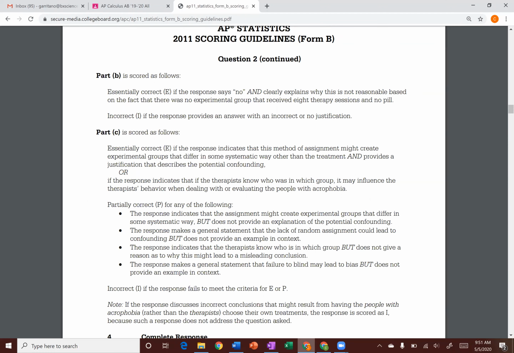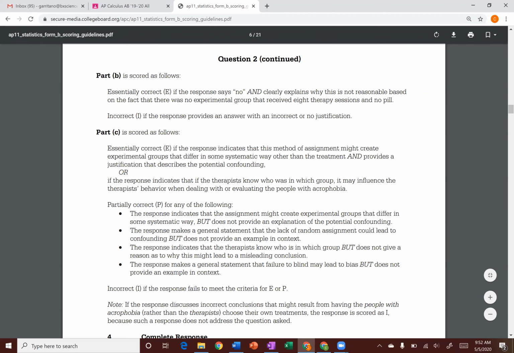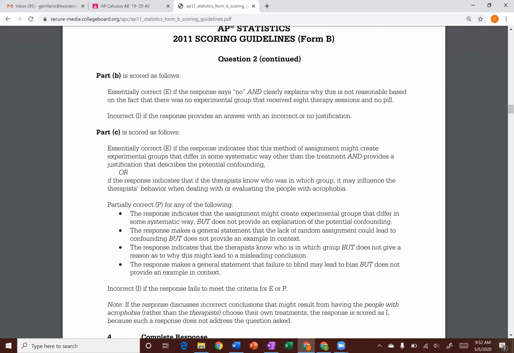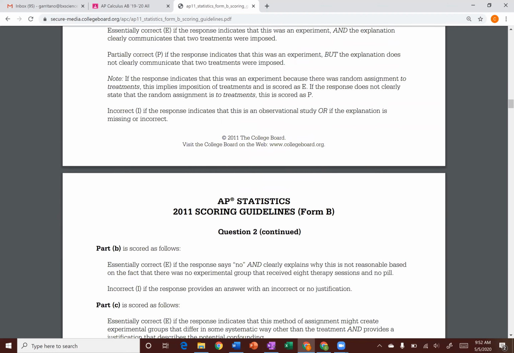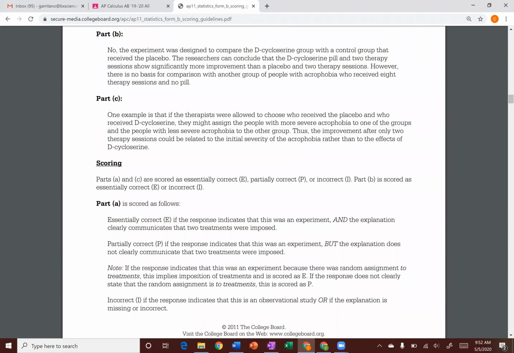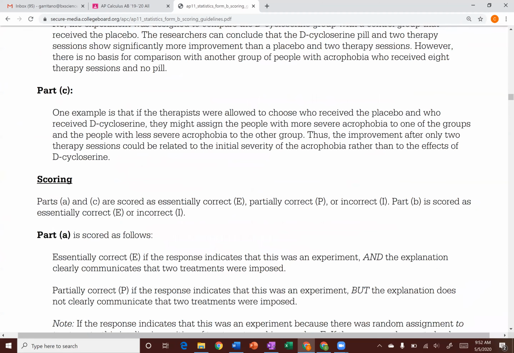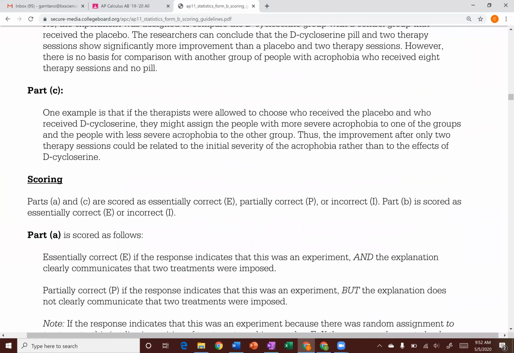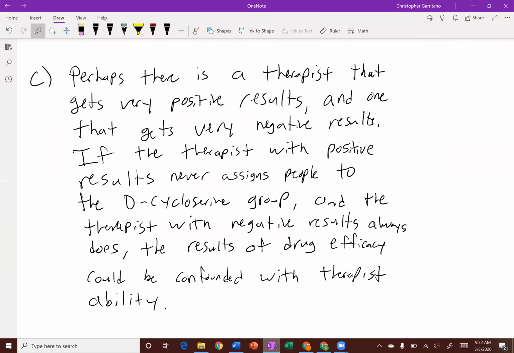So you might write something very different from them, but your words might contain everything necessary for an essentially correct response. All right, so just keep that in mind. That being said, you should take into account what they have written because they typically have a nice way of explaining things, and try to get used to maybe thinking of these problems in the way that they're thinking of them. One last thing before we end.